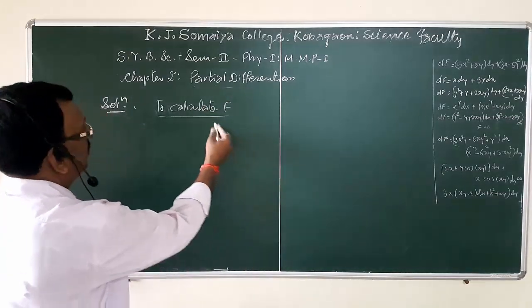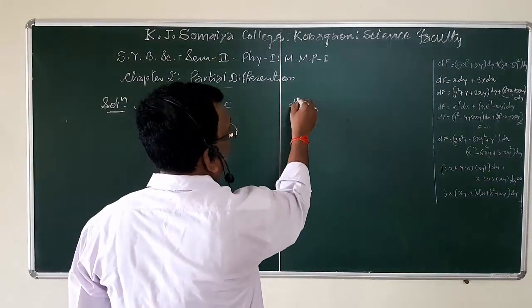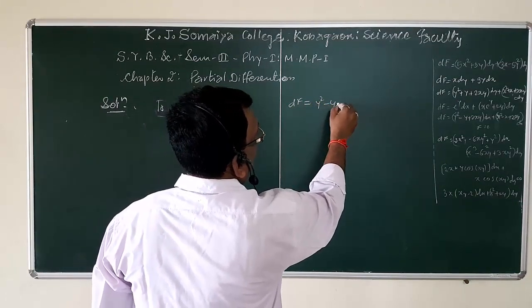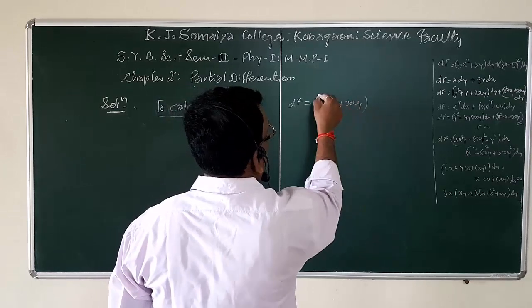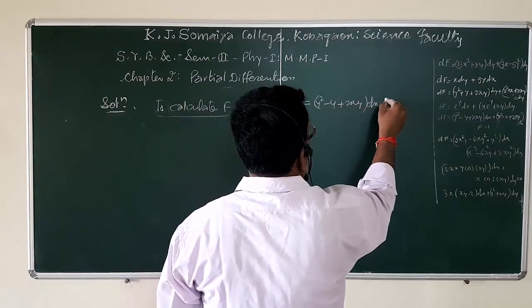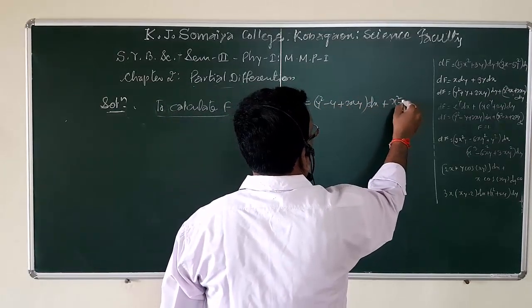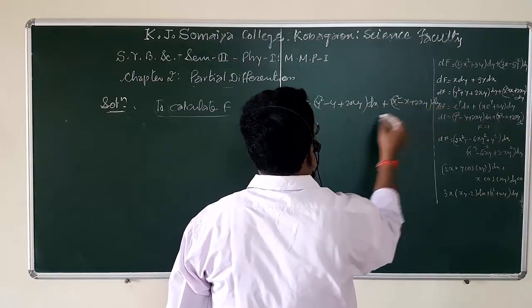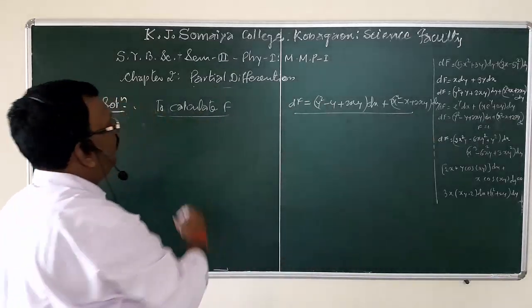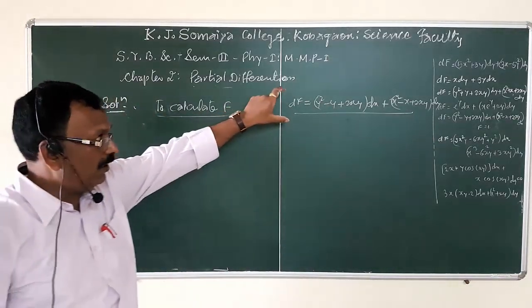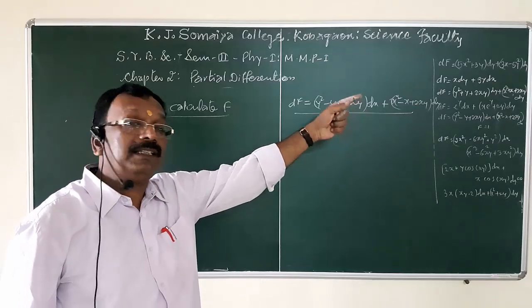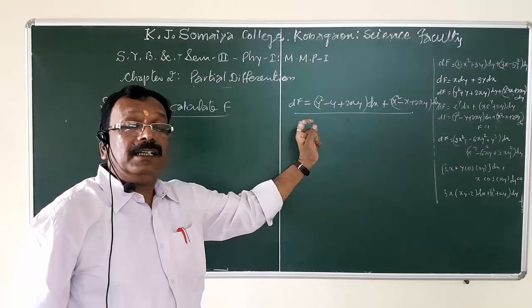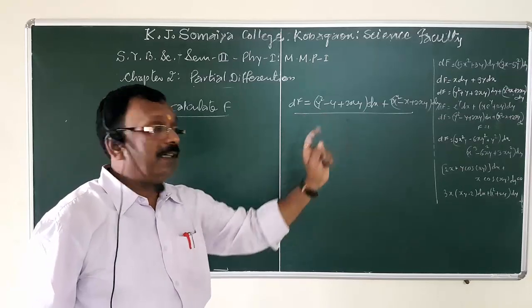That means the equation is df is equal to (y square minus y plus 2xy) dx plus (x square minus x plus 2xy) dy. To calculate the value of f, we already said that the given differential equation is an exact differential equation because it satisfies the condition for exact differentiation.